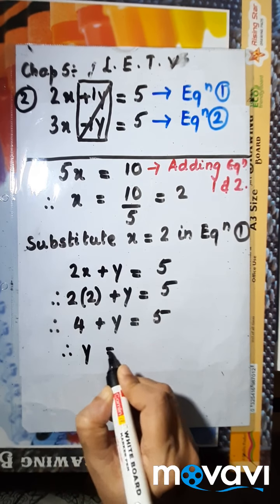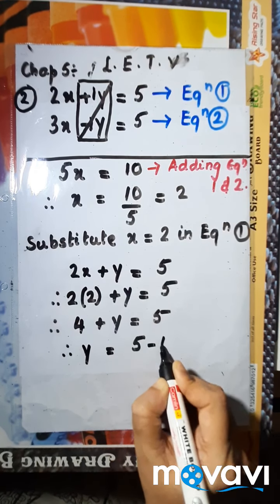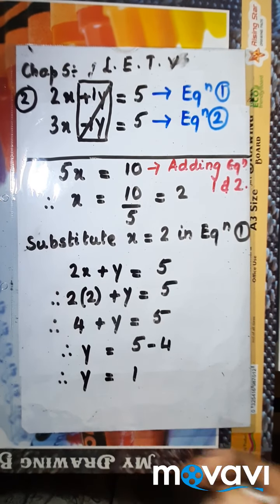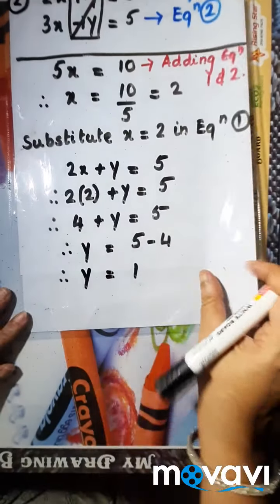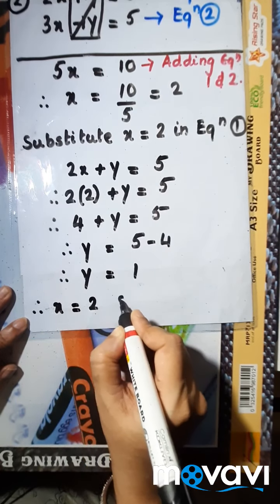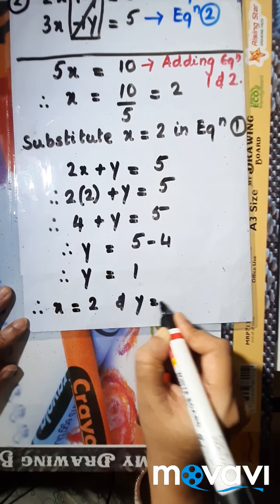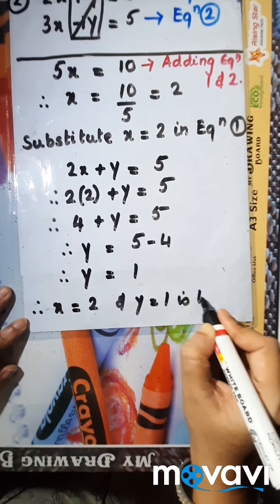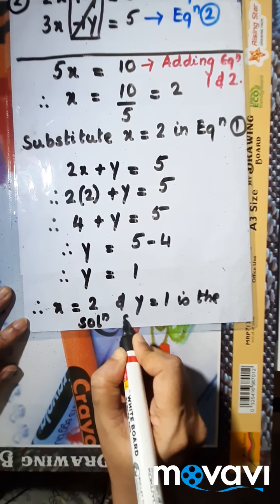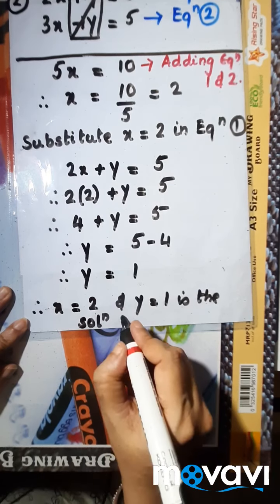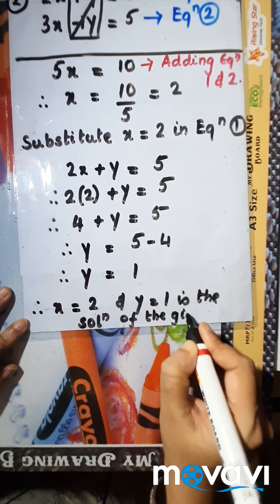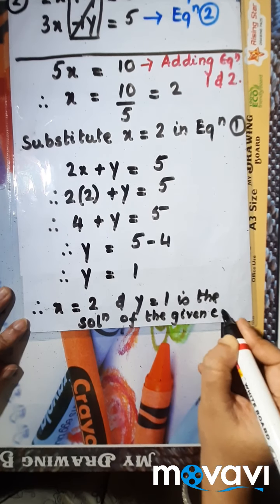Therefore, y is equal to 5 minus 4. Therefore, y is equal to 1. Now we have to write our answer. Therefore, x equal to 2 and y equal to 1 is the solution of the given equations.